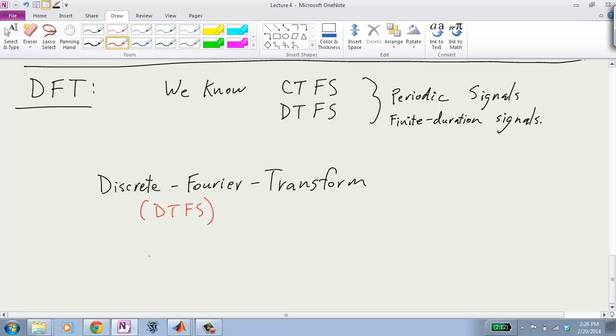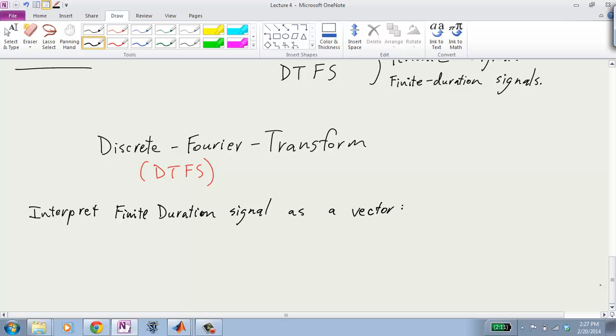So interpret your signal as a vector. Okay, so we have some finite duration signal.